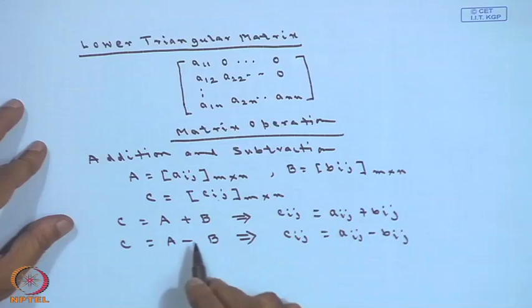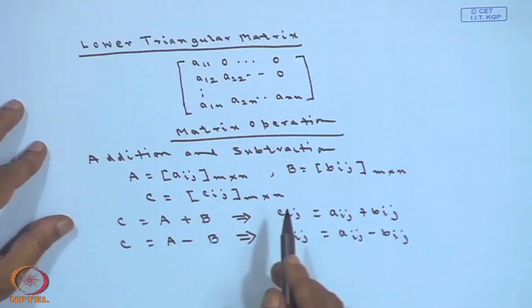So, basically you are making term-wise addition or subtraction. One thing should be noted: whenever you perform addition or subtraction, the order of both the matrices should remain the same.